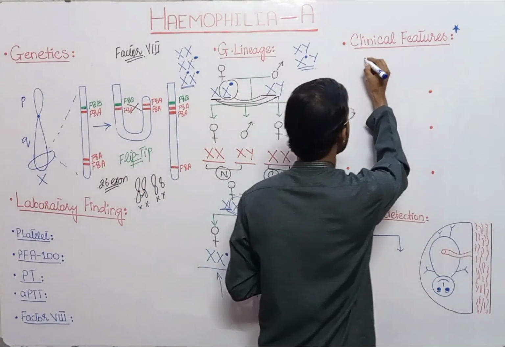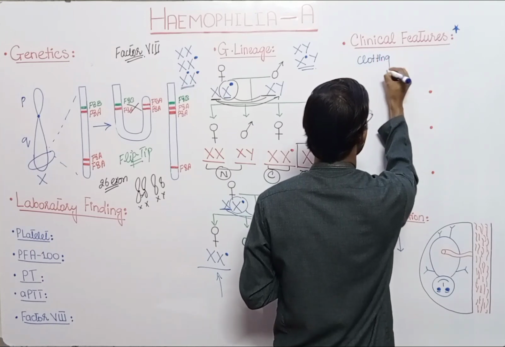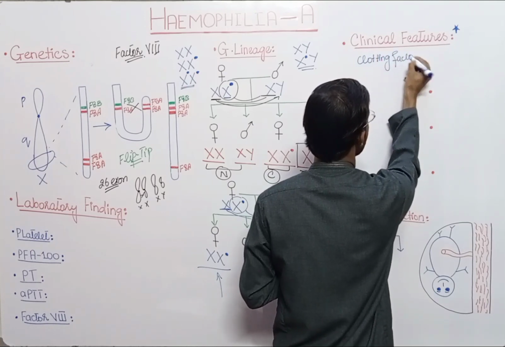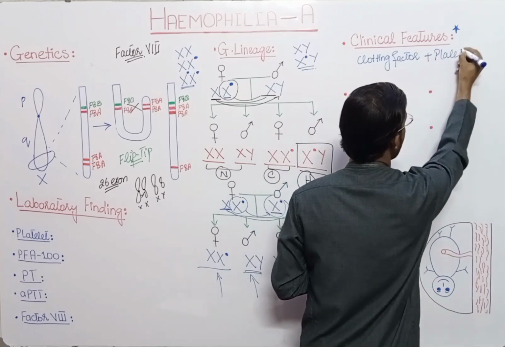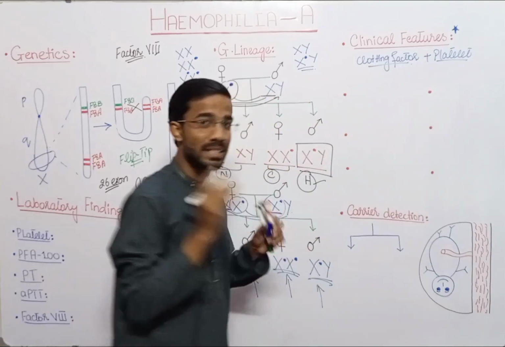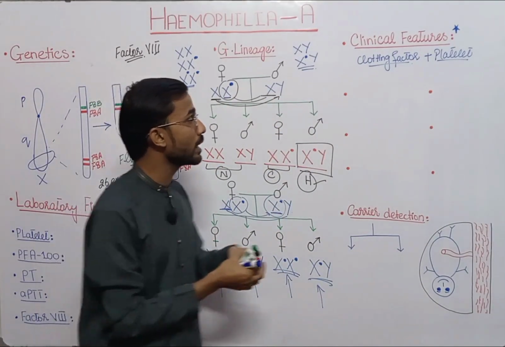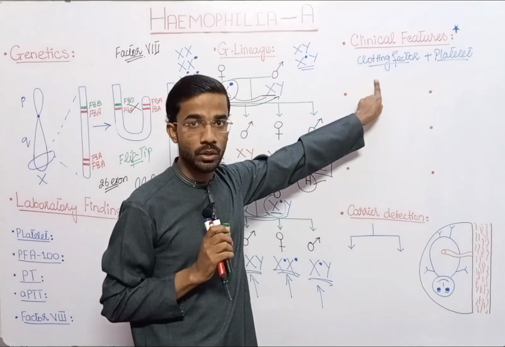The first one is the clotting factor. Clotting factors are basically the first component, and the second one is the platelet. So these two basic components should be normal or in proper state for the formation of the clot.